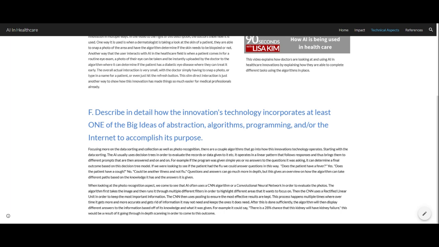If simple yes or no answers are given based off of questions the algorithm may have, such as does the patient have a fever, do they have a cough, a very basic example, but these can go as in depth as the programmer would want them to go.